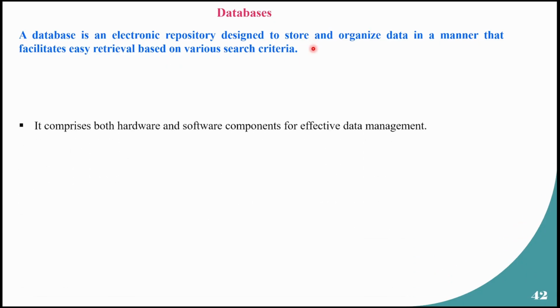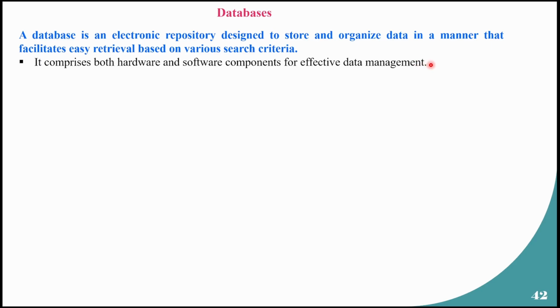Now, the databases we talked about briefly, which is basically an electronic repository facilitating quick retrieval of the data from an organized collection of the data, right? So the organized collection of the data also facilitates easy retrieval and filtering based on different criteria. So that is basically, in simple terms, a database.